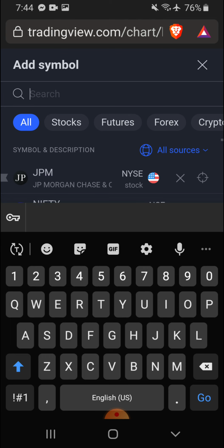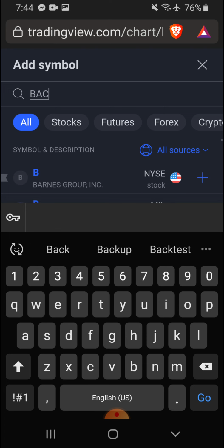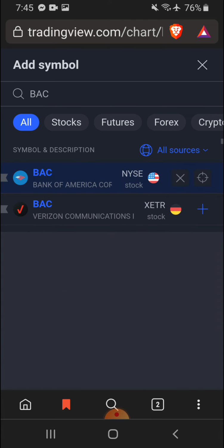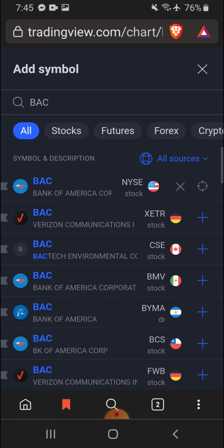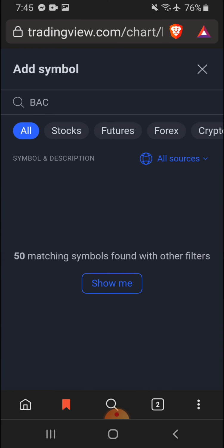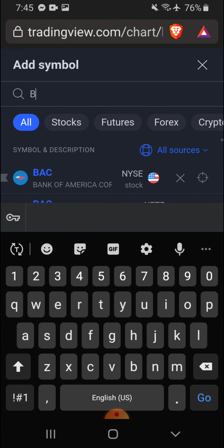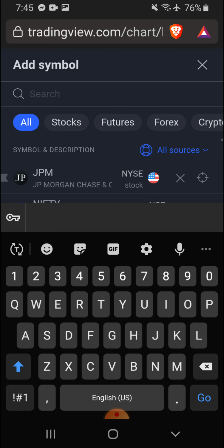I'll add Bank of America. That's not the symbol. It is. Why is it BAC? Bank of America Corporation. Okay, that's right. I had it in my head, but I didn't know if I was right or wrong. Is there one more? Goldman Sachs? GS, right? Oh, I had like Bank of Montreal and stuff too.